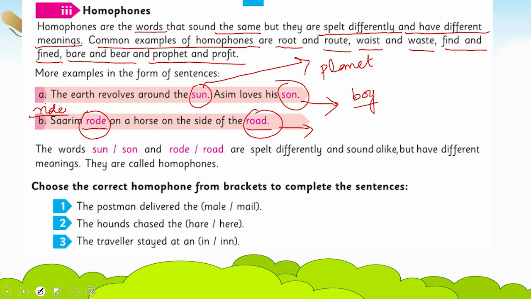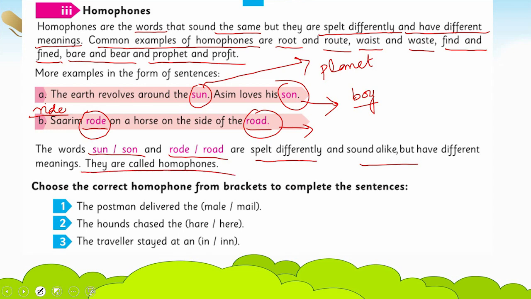So this is what happens in homophones, because both the words are different in spelling and also in meaning, but they have the same sound. So the words sun, son, rode, road are spelt differently but sound alike. That is why they are called homophones.